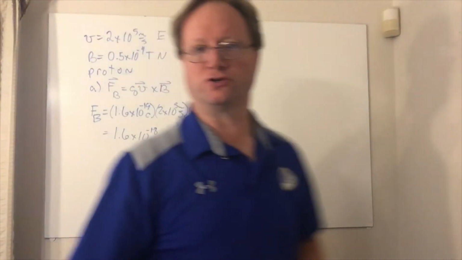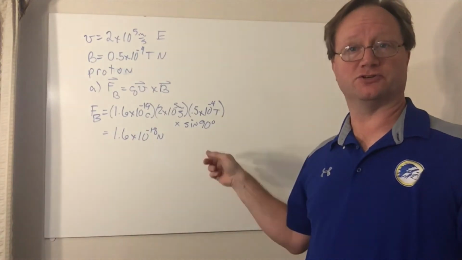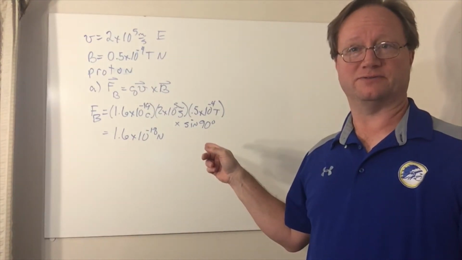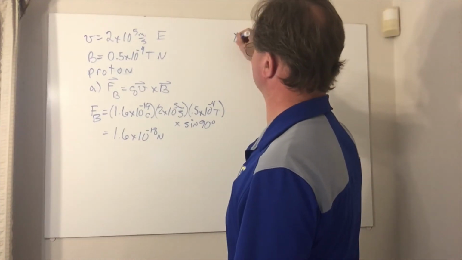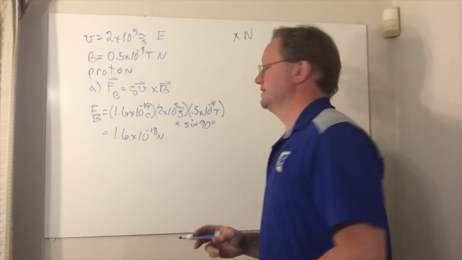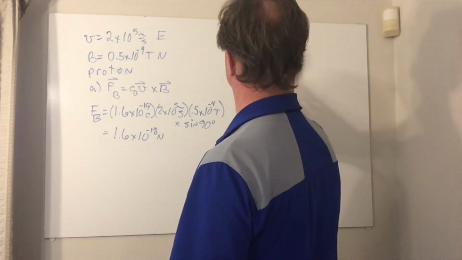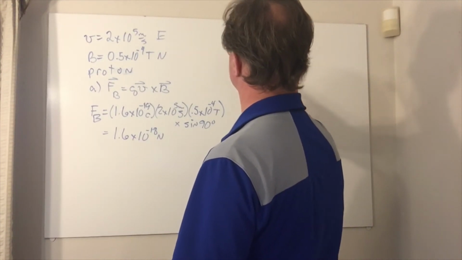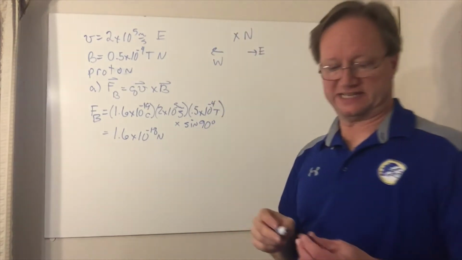Now, in terms of the direction that that force is going to be acting, this direction is north. Okay, and so into the page, into the board is north. From there, this direction would be east. This direction is west. Coming out of the board is south.